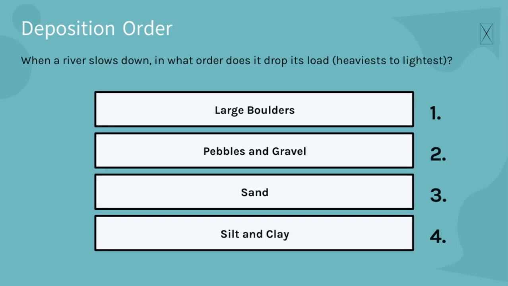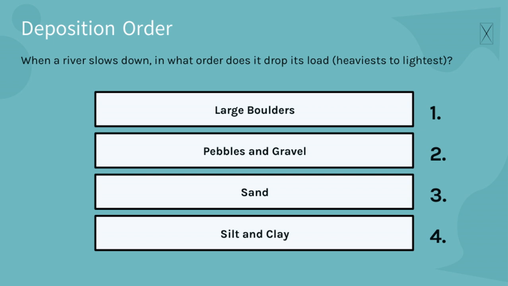The correct order is: first, large boulders; second, pebbles and gravel; third, sand; fourth, silt and clay. This is because the largest and heaviest material needs the most energy to transport. As velocity falls, the river loses the ability to carry boulders first. If it slows further, it deposits pebbles and gravel.